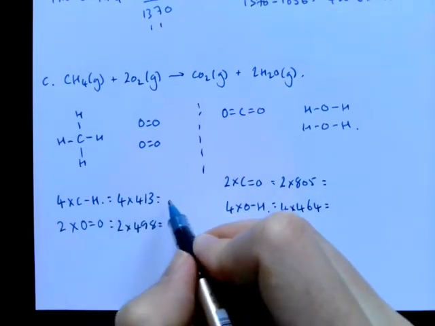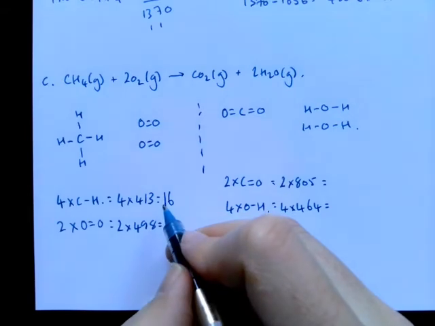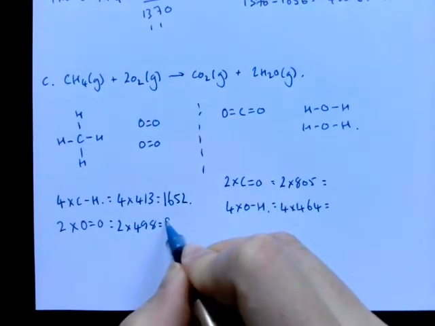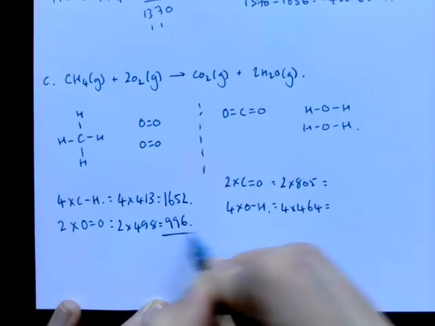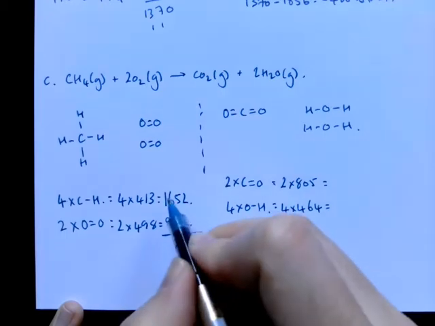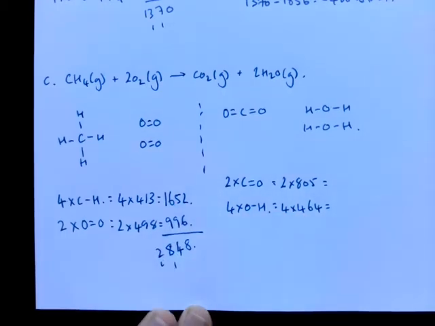So 4 times 413 is going to be 1652. 2 times 498 is going to be 996. If I add those up, I get 2648. Is that right?